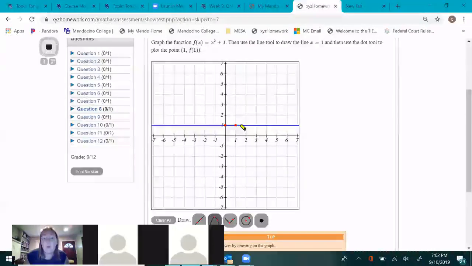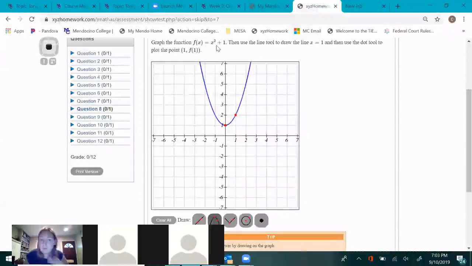And then when you plug in 1, 1 squared is 1 plus 1 gives you 2. If you plugged in 2, 2 squared is 4 plus 1 gives you 5. So you can see that that is this function. Oh, okay. So if you're not familiar with the shapes, you can also type it into your graphing calculator and see the shape and then go, oh, I need to use this tool.